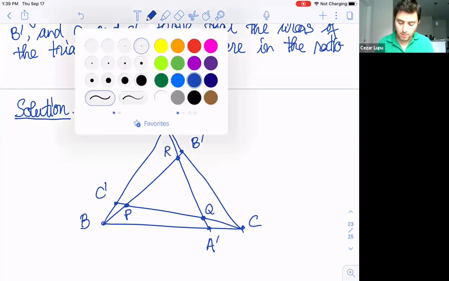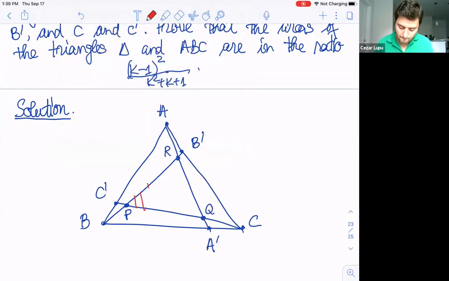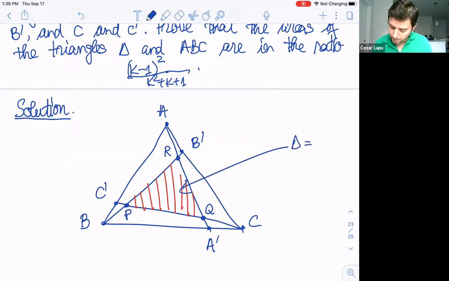And keep in mind that I'm interested in the area of this one here. That is the area, delta, the area of the triangle PQR.